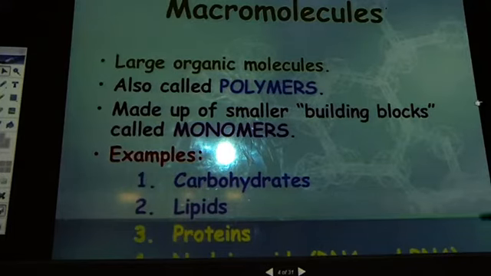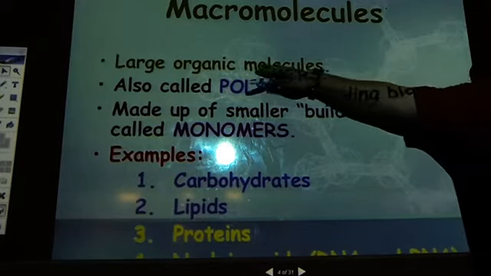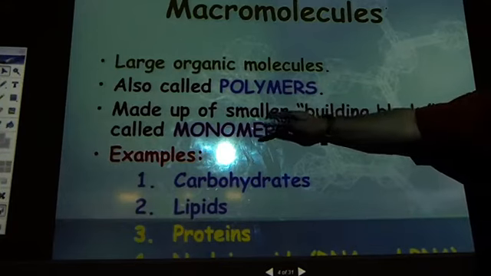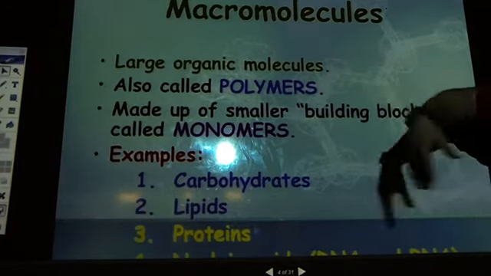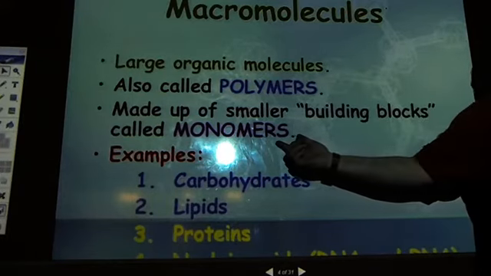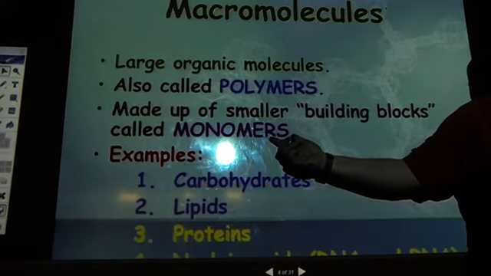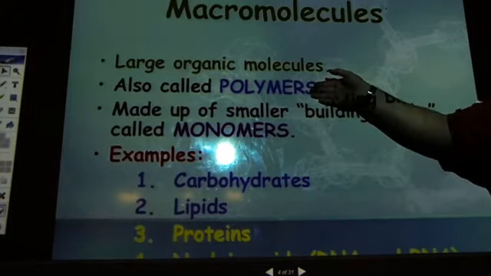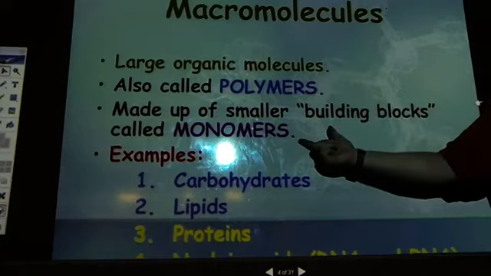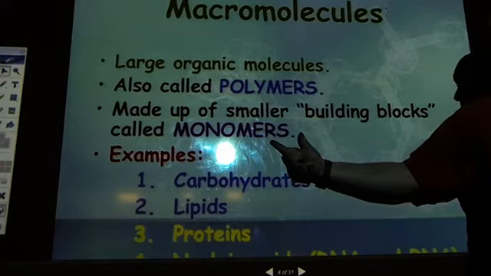All right, so large organic molecules, we call them polymers. The small building blocks, we call them monomers. Here's the way I remember it, because this, again, is kind of stupid. The small building blocks, an individual Lego brick, is a monomer. When I put a whole bunch of them together, now I have a polymer. So one individual unit is a monomer.